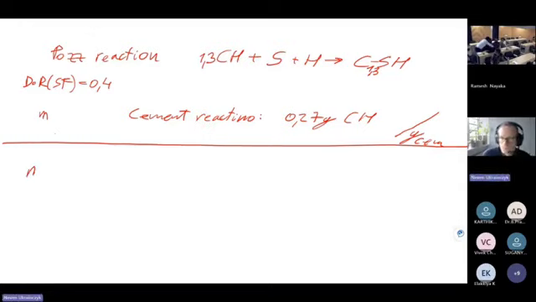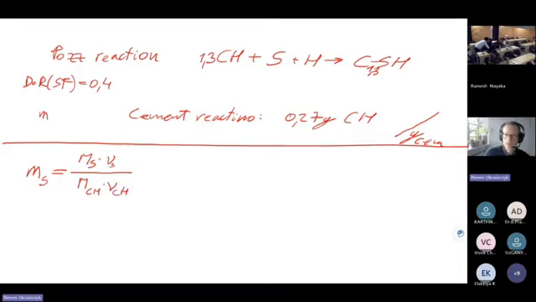So we always start with stoichiometry, and the stoichiometry is that the mass of silica is, we need the molar masses always, molar mass of silica times the stoichiometric coefficient of silica, which is 1, divided by the molar mass of CH times the stoichiometric coefficient of CH.